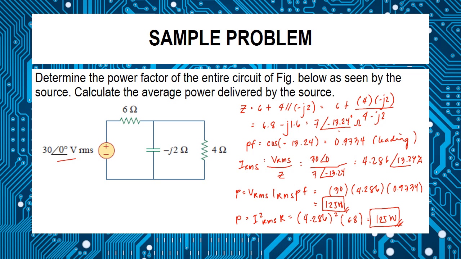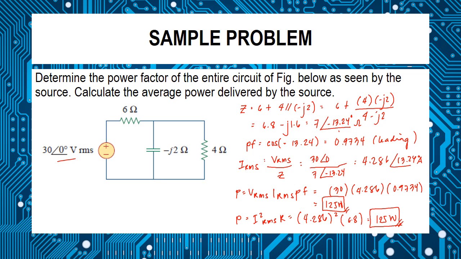And we know that this angle is also equal to the power factor angle. So we can solve for PF. PF is equal to cosine of this angle, negative 13.24, and this is equal to 0.9734. So meaning this is a leading power factor, since the impedance is capacitive, negative j1.6.